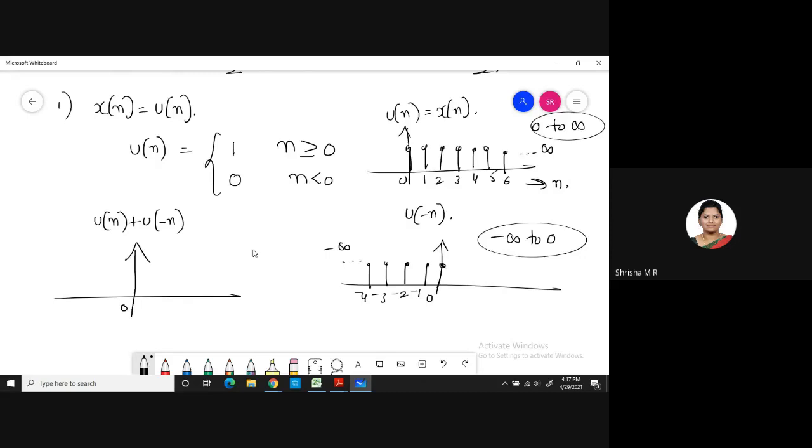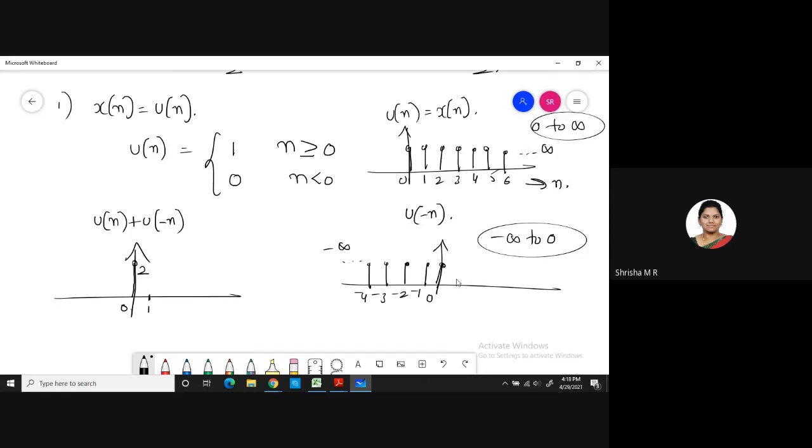Here you have 1, here also you have 1. So at 0, what will be the amplitude? 2, ma'am. It will be 2. Yes or no, everyone? Yes, ma'am.